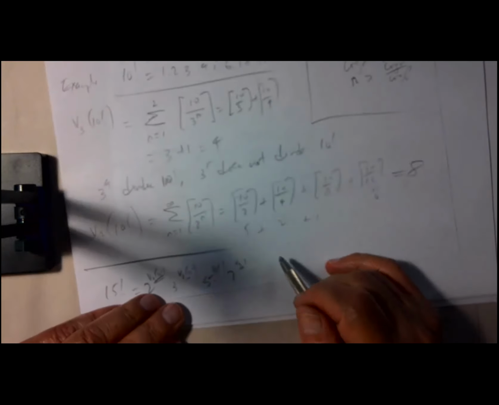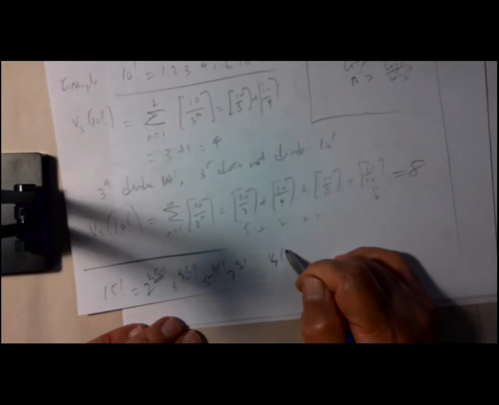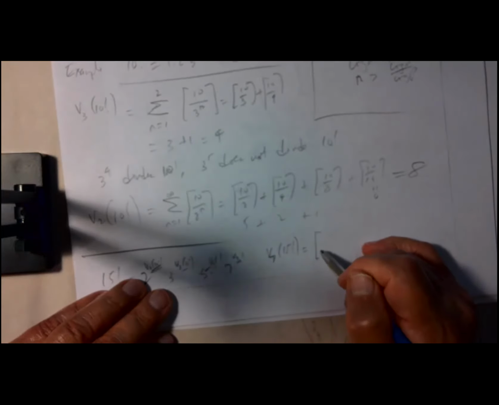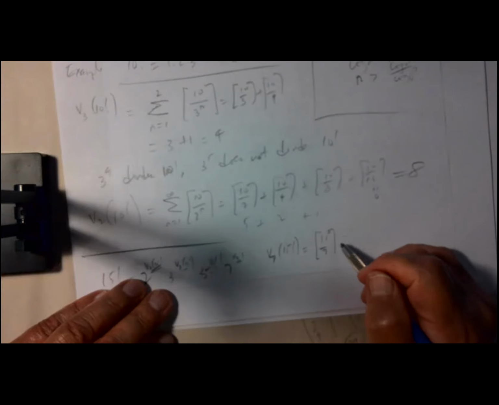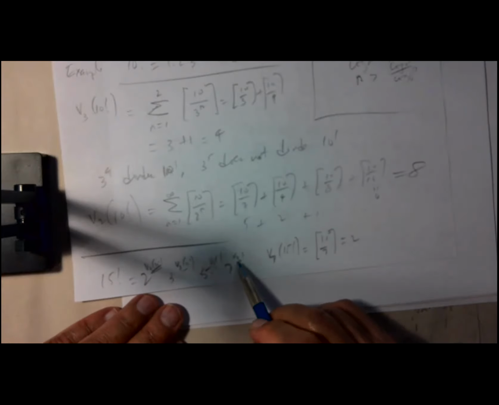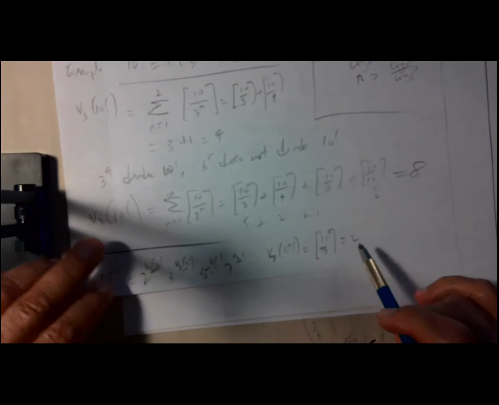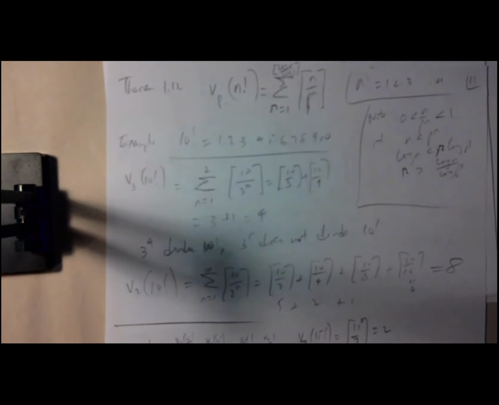So for example, what is v_7 of 15 factorial? That's going to be 15 over 7, since 7 squared is too big, which is 2. So the power of 7 is 2. You use the theorem to compute these powers. Okay, got it. Thank you.